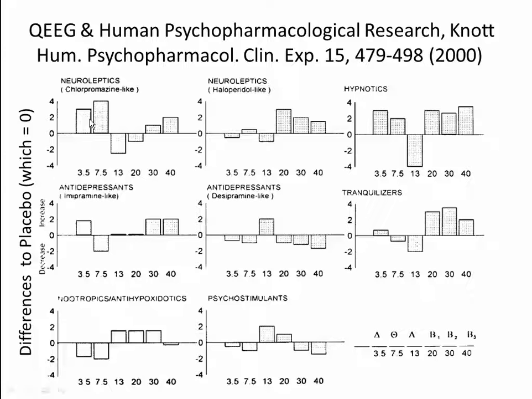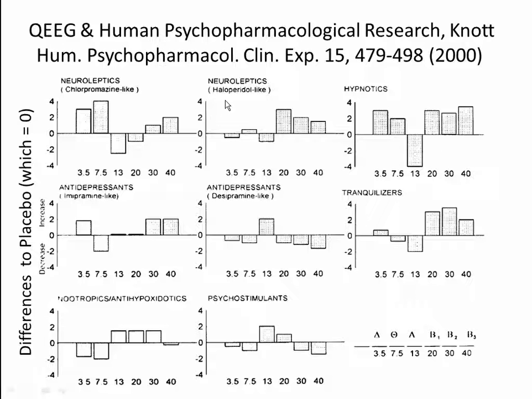So we have an increase in delta and theta, and an increase in beta 2 and beta 3 from this medication, generally speaking, in comparison to the placebo effect, and a decrease in alpha activity and in beta 1 activity, which is interesting.